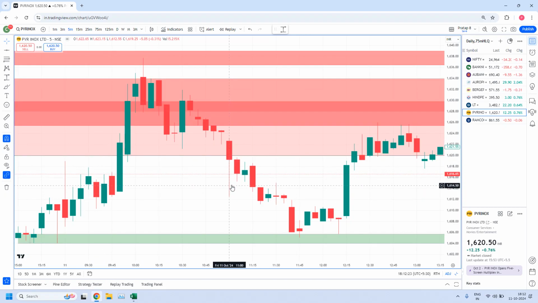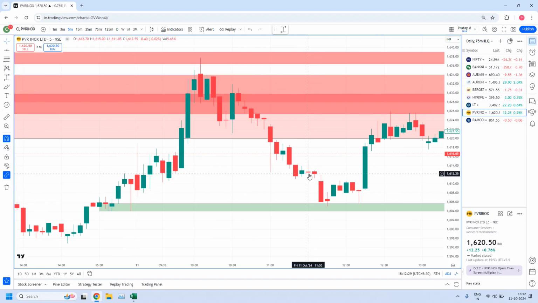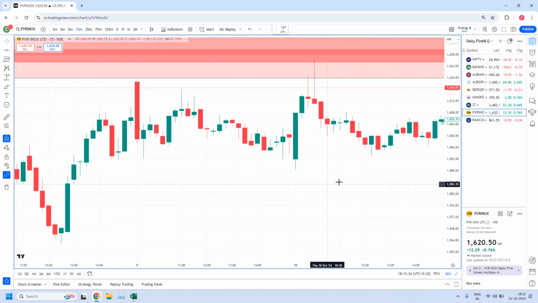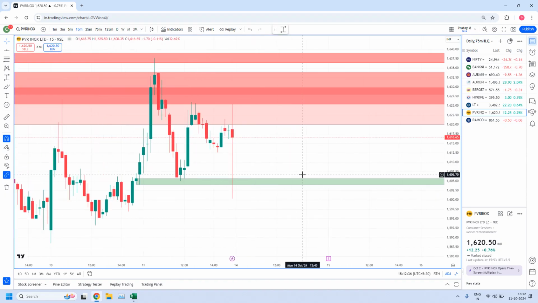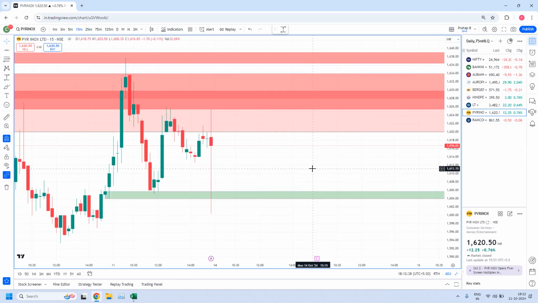See here, prices came down, came down, came down, and finally it reached the 15 minute target. Okay, so you got a trade here and it reached the target within 1 hour 40 minutes.